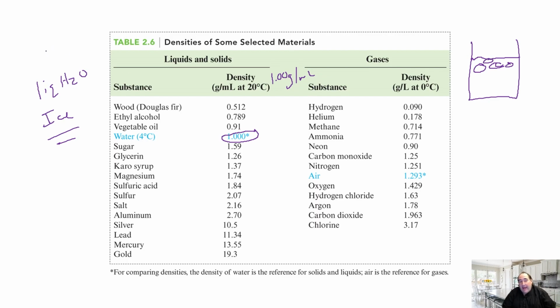And that's because what happens when water comes together in the solid phase is it creates a lot of open space between the different water molecules. So what that does is sort of bloat the water molecules in the ice form or the solid form. If you think about density, density is mass over volume. That means that solid ice will actually have a greater volume because of all that open space between the water molecules.